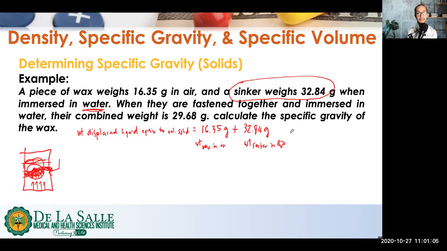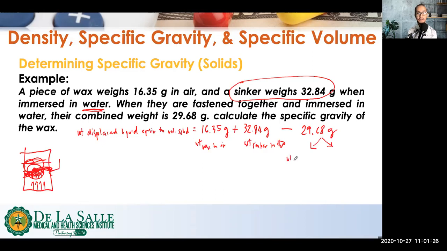This is the combined sum. Now, we subtract from it the combined weight of the sinker and the wax in water, which is 29.68 grams. Basically, this contains two things.